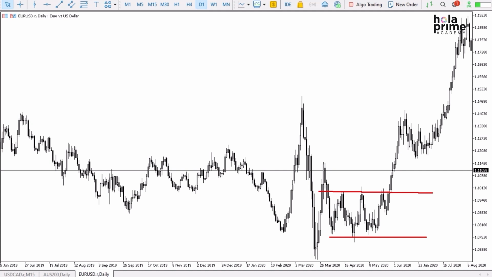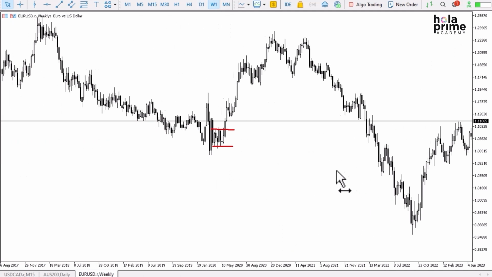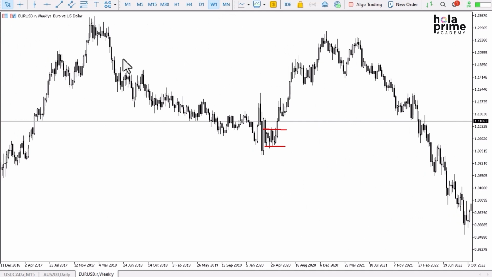In this example, I have a consolidation rectangle marked out on the Euro dollar daily chart. While not necessarily a failed pattern, what we did see is a shift in attitude. Now, when I zoom out to the weekly chart, you can see that the euro had been in a very strong downtrend for some time.